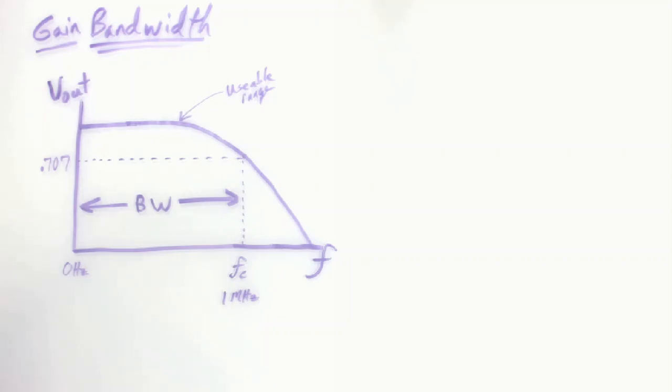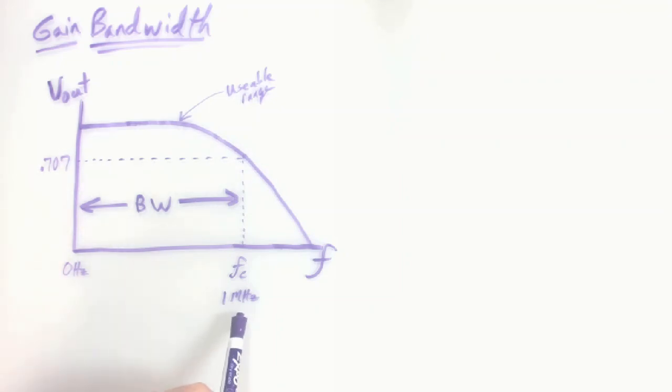So for example, if you want to purchase an oscilloscope and it has a bandwidth of, we can use 1 megahertz, understand that if you try to measure a signal that's 1 megahertz with a scope that has a bandwidth of 1 megahertz, you're not going to be able to measure amplitude accurately.